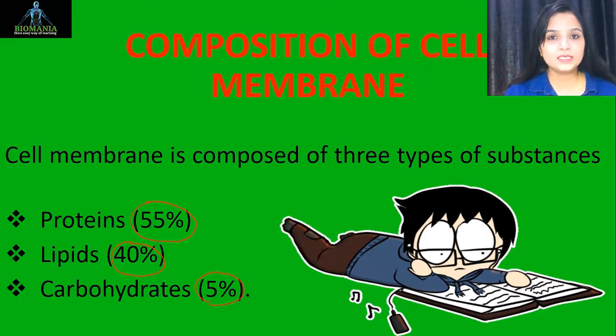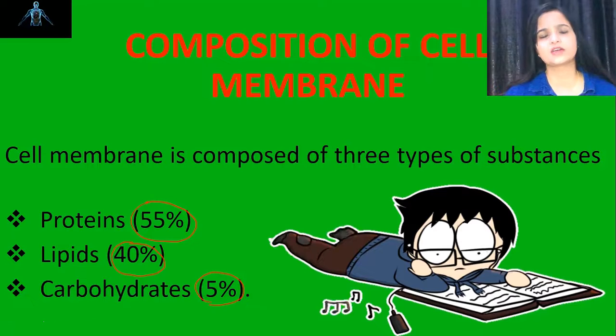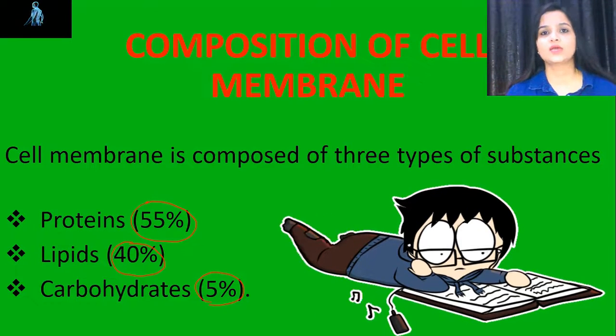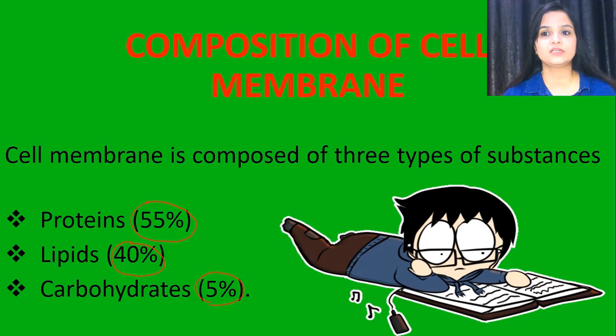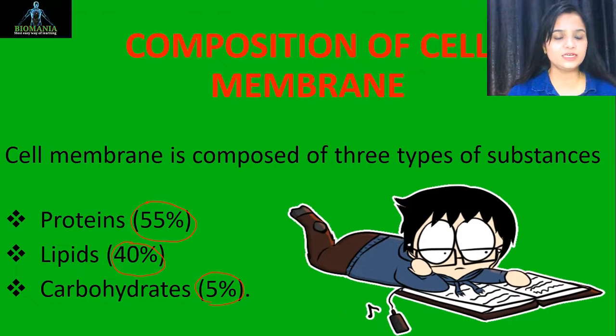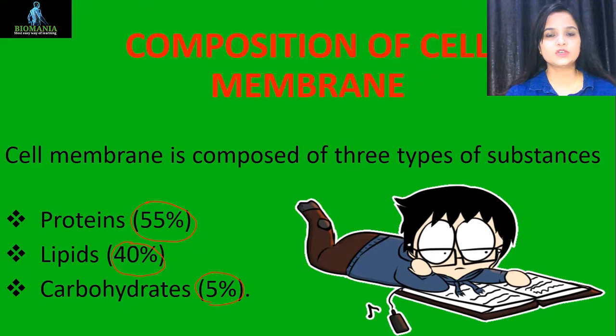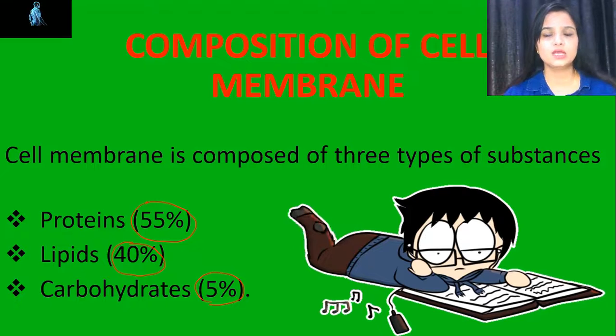And lipid, it's a phospholipid bilayer, so the lipid percentage should also be very high. And carbohydrate is involved in forming only the glycolipids and glycoproteins. What are they? I will teach you right after this slide. So the percentage of carbohydrate is very low comparatively to these two.